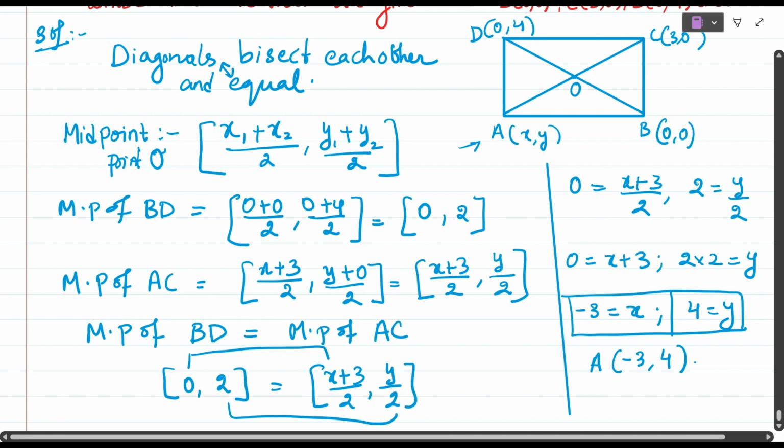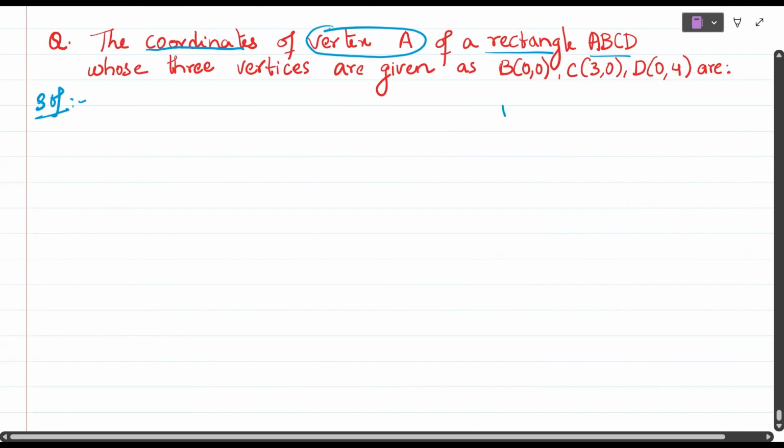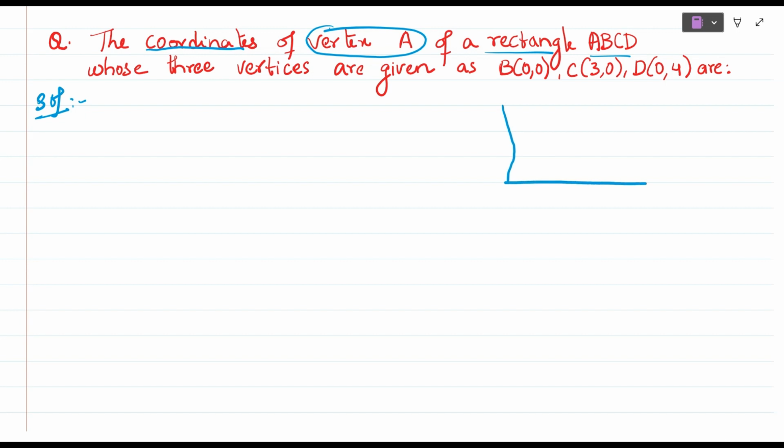Did you understand, students? Immediately we have to draw a rectangle, right? So this is A. We don't know the values of its coordinates, so let us take it as x and y.